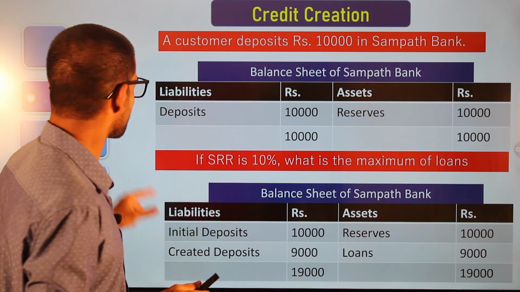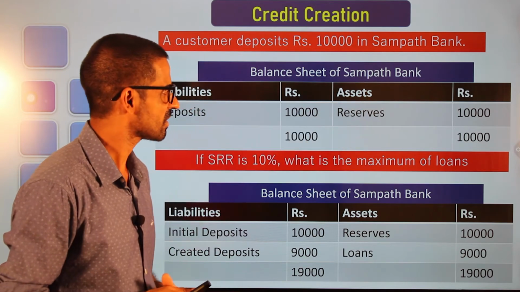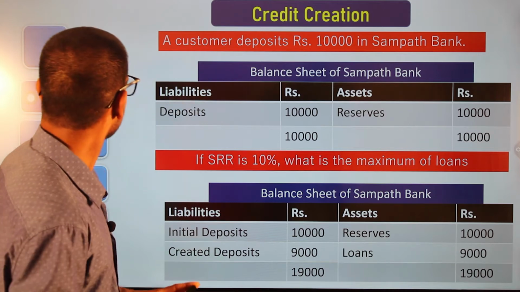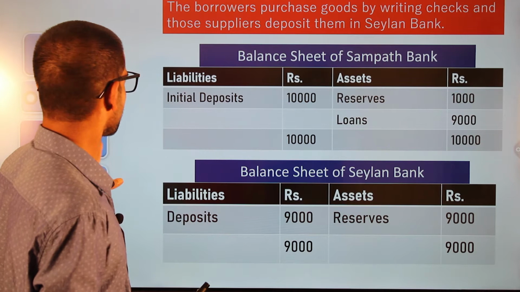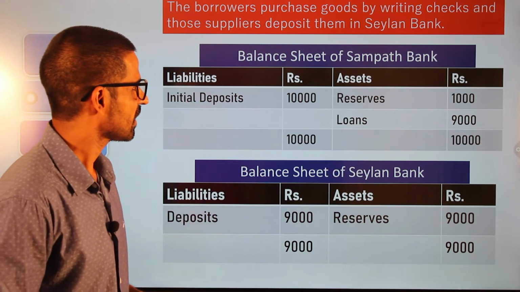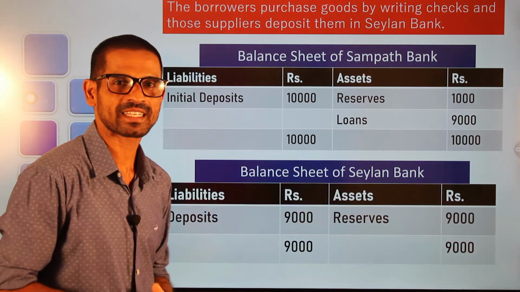So what is left with Sampath Bank will be 1,000, correct. And that reserve will come to Ceylon Bank.